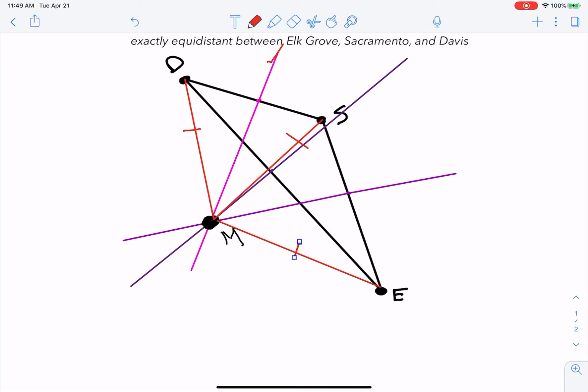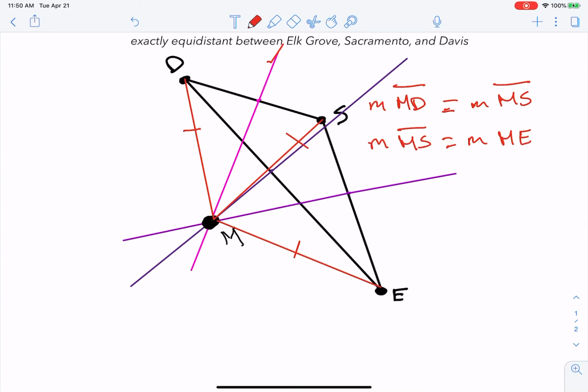So if we look at line segment MD, we know by the perpendicular bisector theorem that the measure of MD is going to equal the measure of MS. That's by definition, using logical deduction and just basing our knowledge off the perpendicular bisector theorem. Same thing here with MS. The measure of MS is going to be the same as the measure of ME.